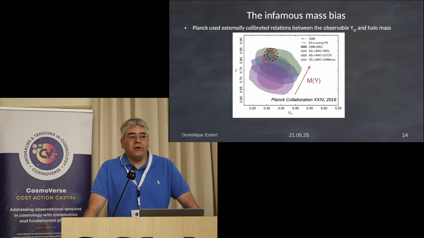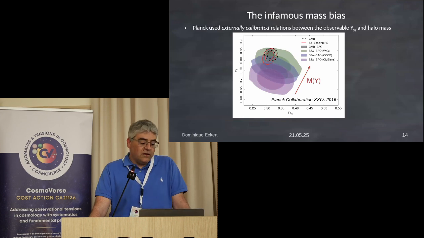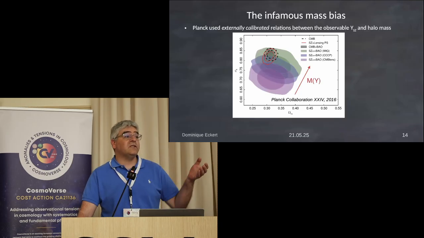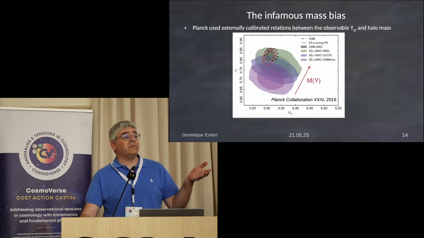So quickly it was shown that there could be a way of reconciling those two measurements, which is to invoke the infamous mass bias. As I told you, you're not detecting directly the mass of the system, you're detecting an observable, and you want to know how this observable is related to the mass.